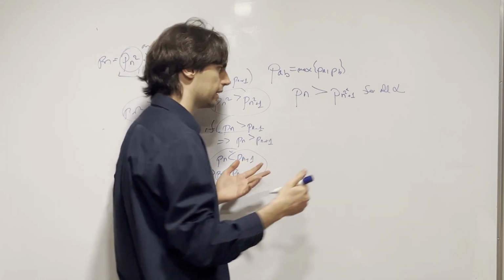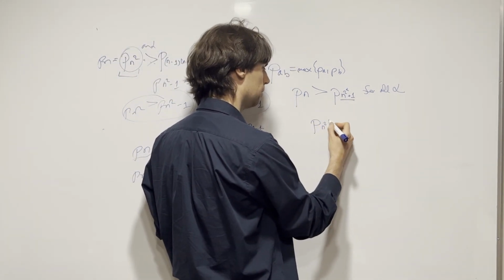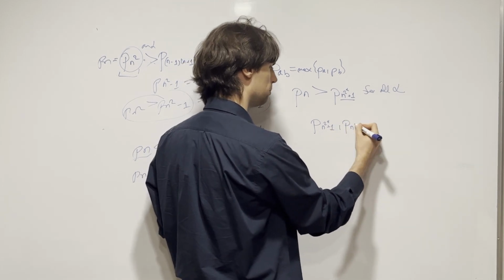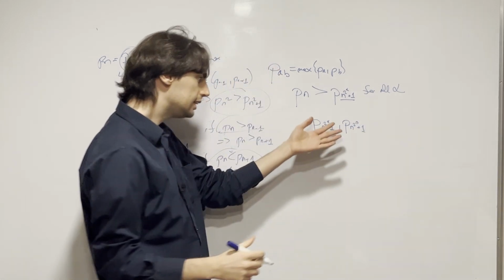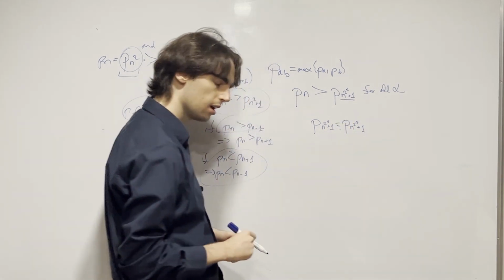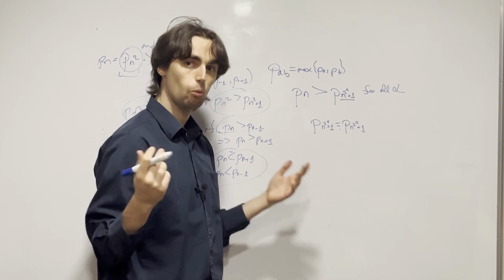You need to show, wait, can p of n to the power of 2 alpha plus 1 and p of n to the power of 2 to the power of beta plus 1, can these two numbers be identical, right? Can these two things be the same? And the answer is no. Why not?